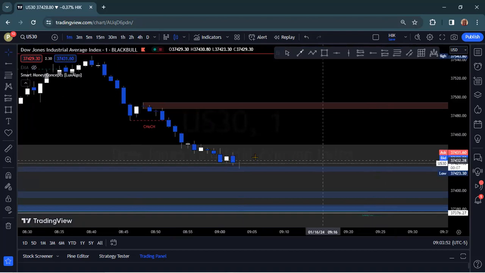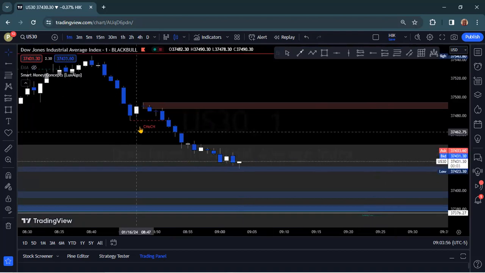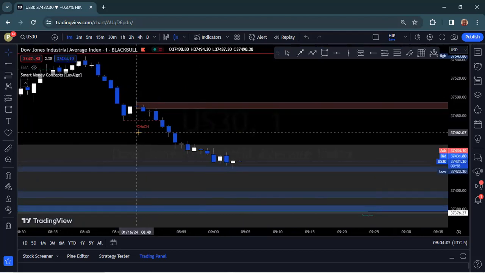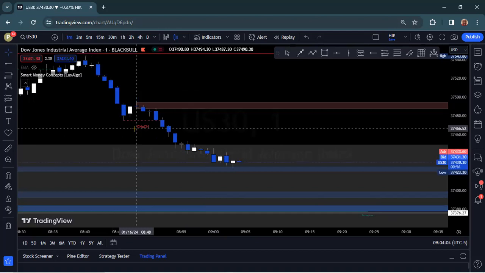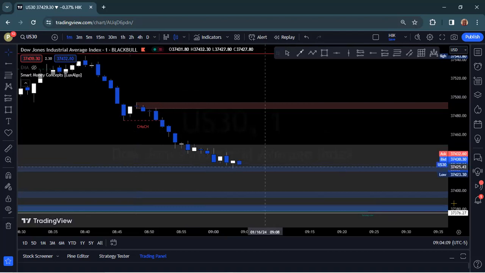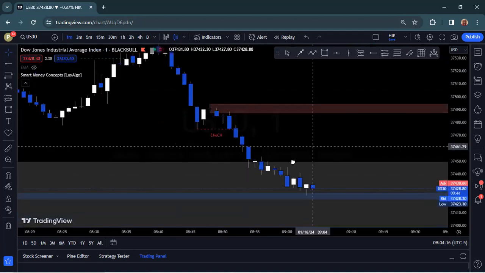You decide that you want to take a trade whenever this area is broken and it changes to green, a change of character on the green side. There's always a buy signal, change of character or break of structure. So we're just waiting for it to get to these levels above here, and then we take buys. That's what we're waiting on.